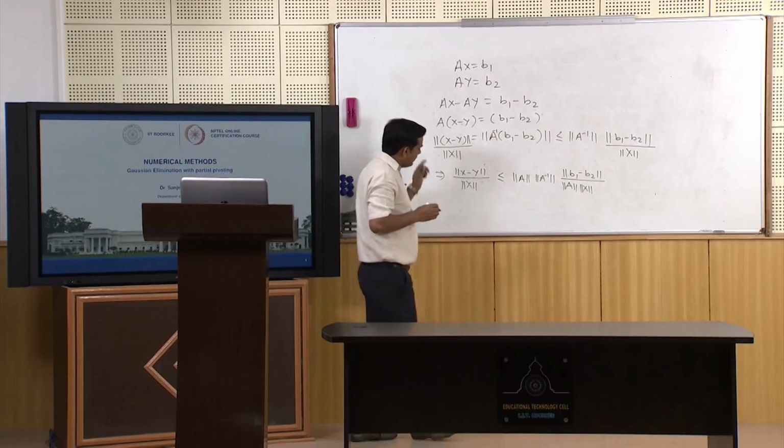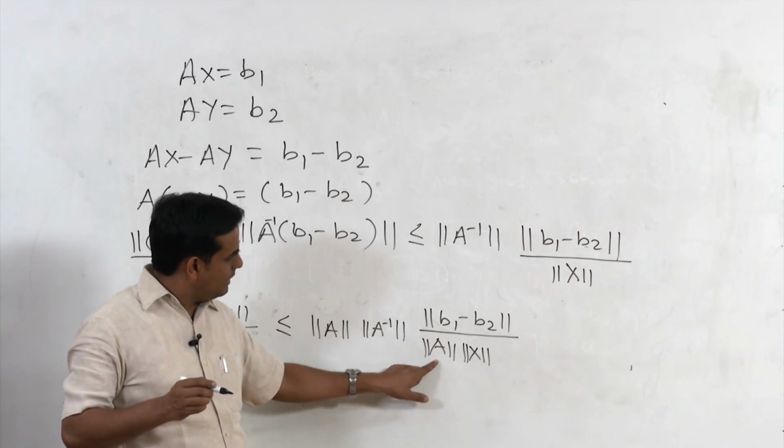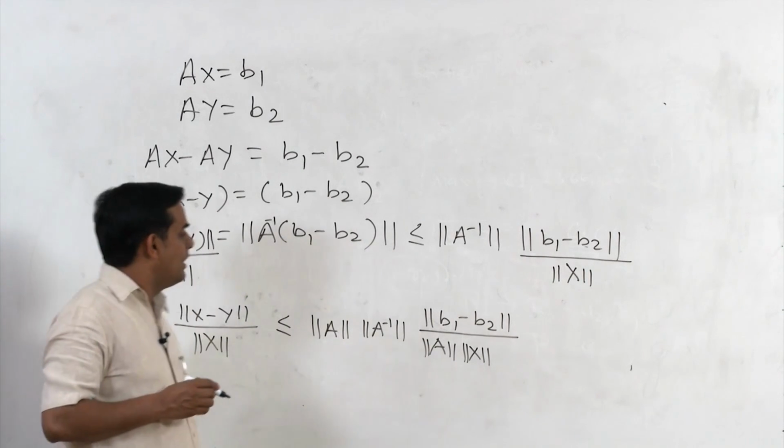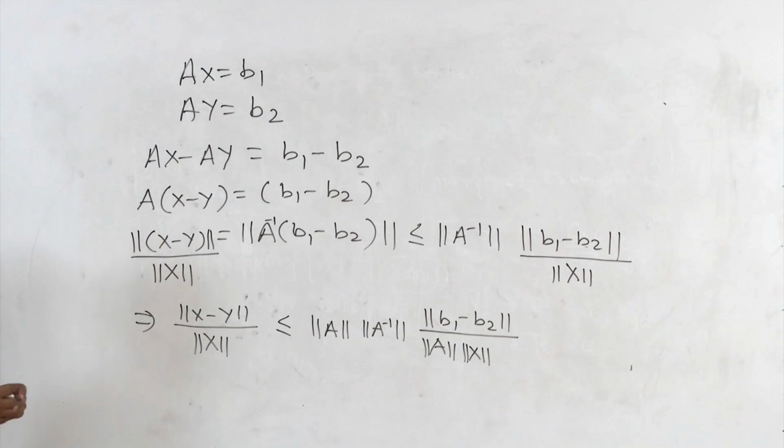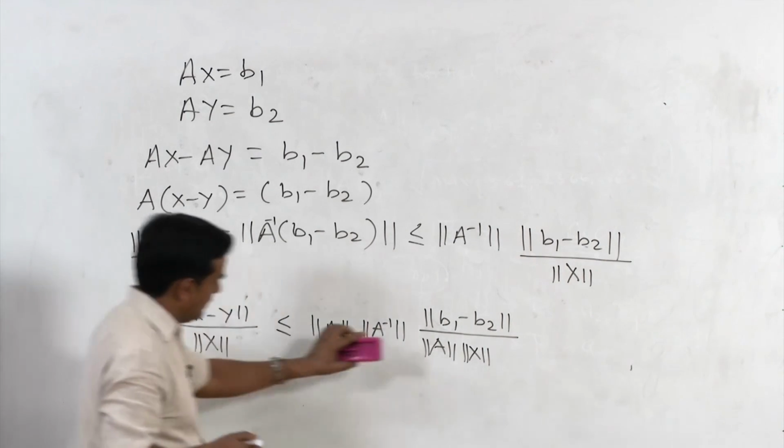We know that norm of A into norm of x is always greater than or equal to norm of Ax.